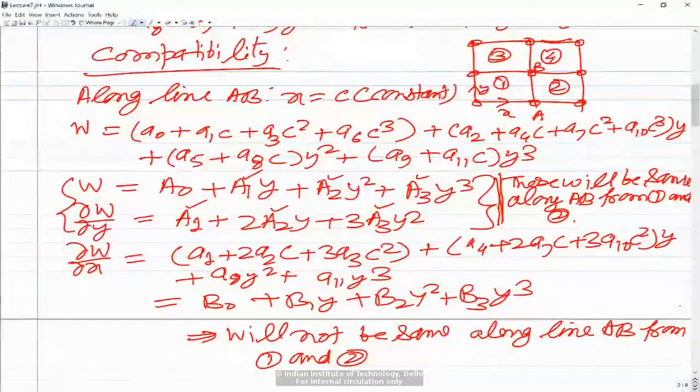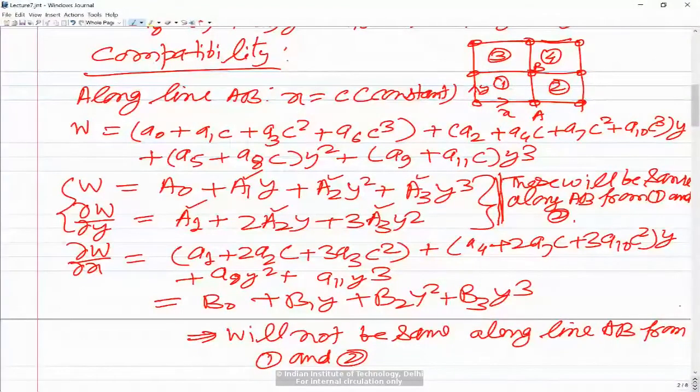So we cannot get the unique variation of del W by del x along AB from element 1 and 2. In general, at A and B, del W by del x from element 1 and 2 would be the same, but in between, del W by del x from element 1 would be different from that of element 2. So this will not be continuous across AB from element 1 and 2.